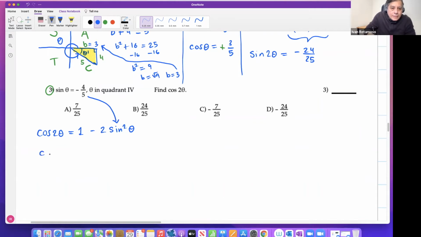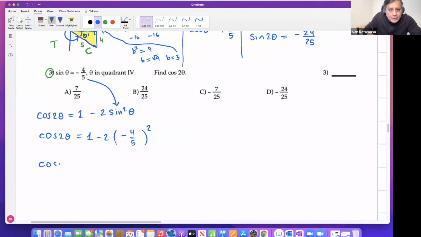So cosine of 2 theta will be 1 minus 2 times sine squared, minus 4/5 squared. Look how quickly we can get this. We don't even need the information about the quadrant. We don't need to do what we did before, all because we have this special form. So minus 2, minus 4 squared is 16, 5 squared 25. We just have to do this.